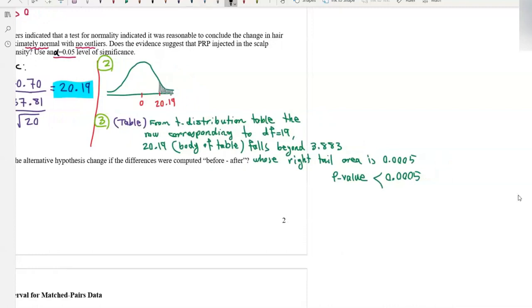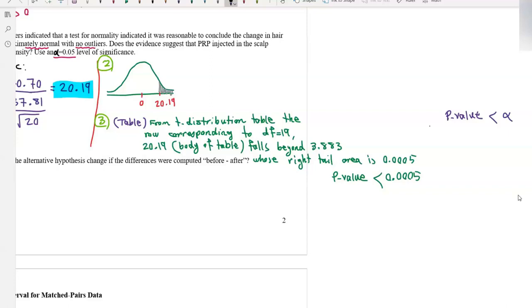Okay, so I'm writing after this one, compare p-value with alpha. So we said that this p-value is less than 0.0005. How can I write this?